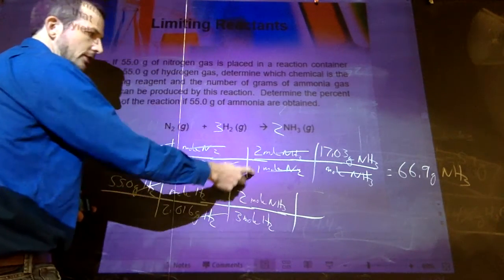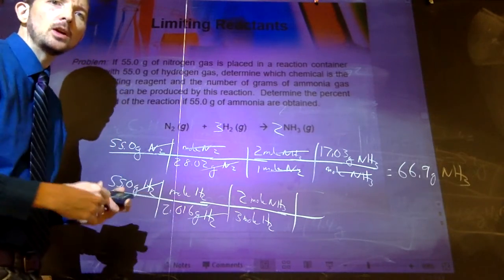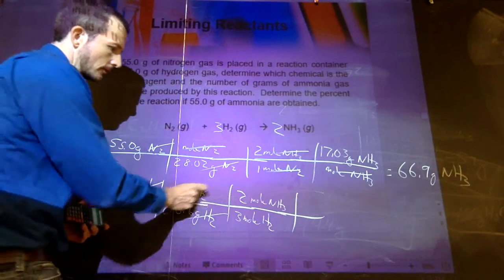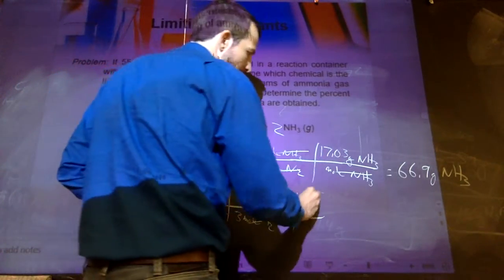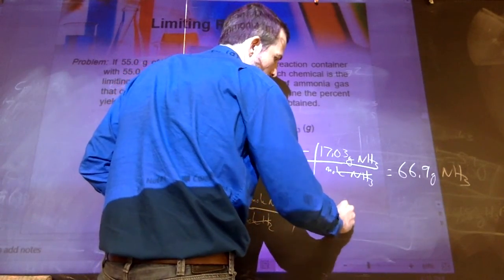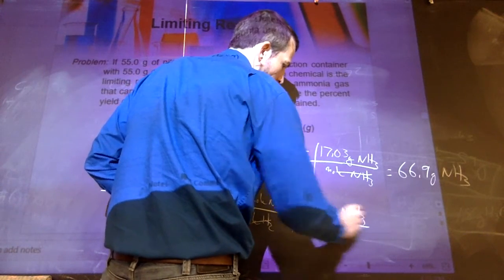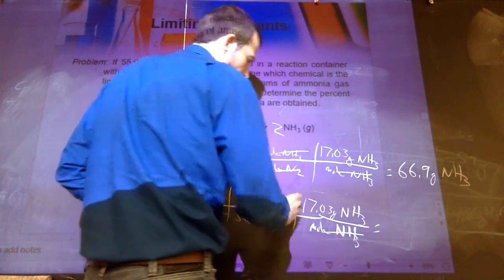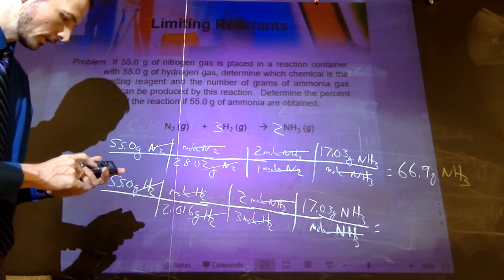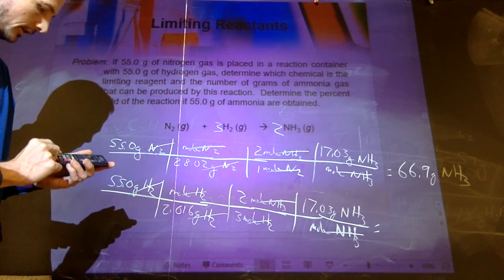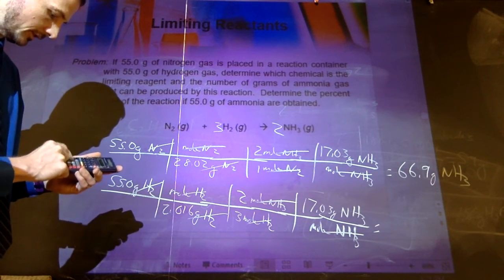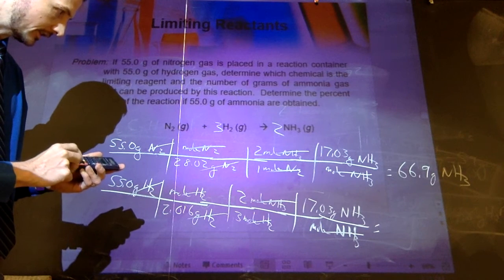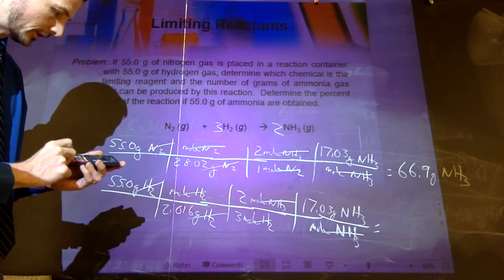These ratios just come from my balanced equation. You go from one reagent to another reagent, I have to use the balanced equation, and I can use my molar mass there. So 55 times 2 times 17.03 divided by 2.016 divided by 3.